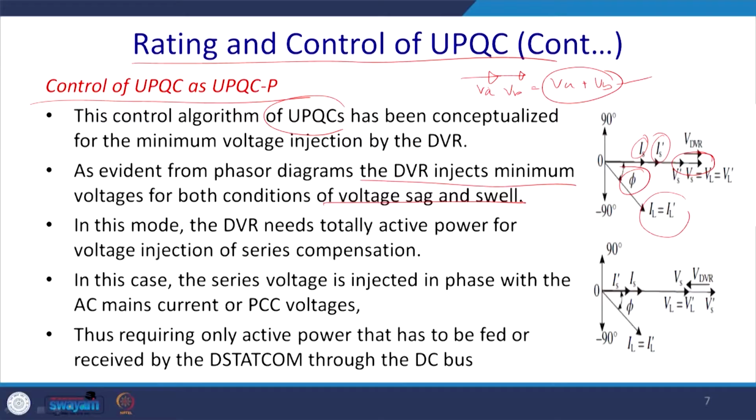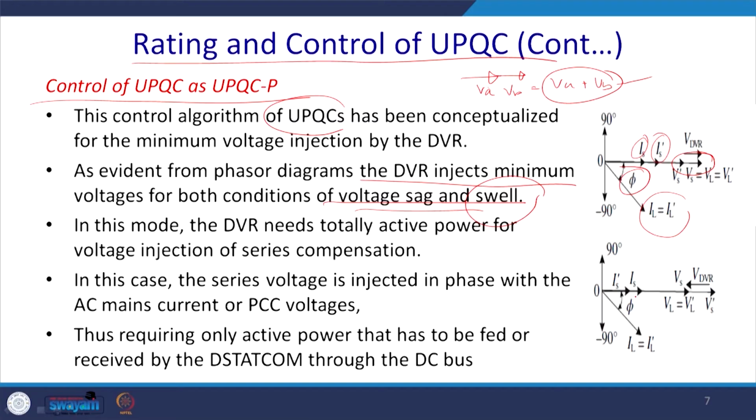For both conditions of sags and swells, and moreover generally this UPQC-Q does not have the capability to mitigate swell. Here, since it can mitigate swell by injecting out of phase, the swell can be mitigated. In this mode, the problem lies in that the DVR has to handle the reactive power, not only losses, but also this sag.